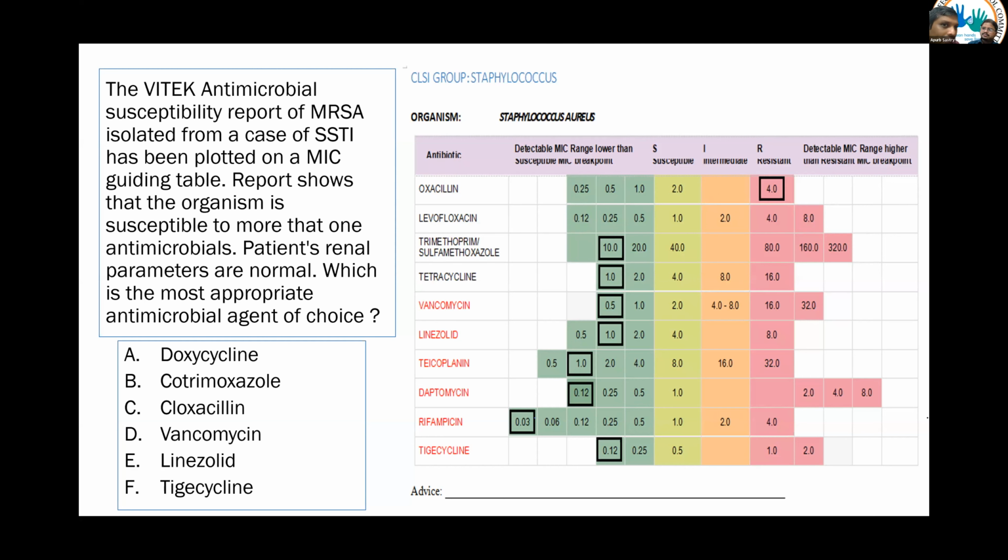This concept is applicable for empirical therapy, but not for targeted therapy. In targeted therapy, we have an organism and antibiotics which are susceptible. Among them, the lowest possible antibiotic, after considering safety and therapeutic index, is the principle to be followed.